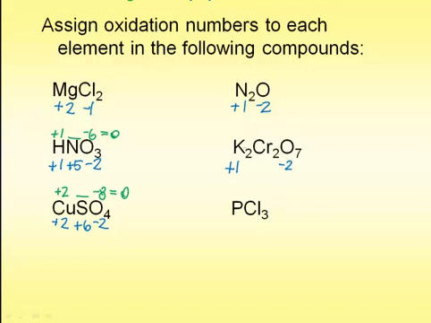And then again, we'll have to sum the oxidation numbers to figure out the oxidation state of chromium. 2 potassiums at +1 each means this is a +2 here. We've got 2 chromiums, and then 7 oxygens at -2 each is a -14. This has to add up to 0. Of course, the number here that makes it add up to 0 is 12.